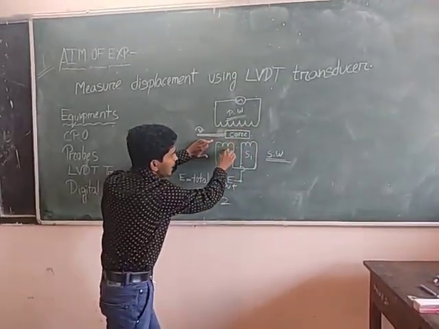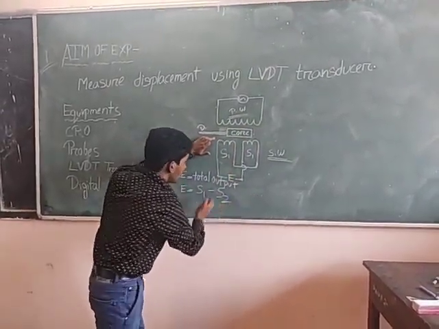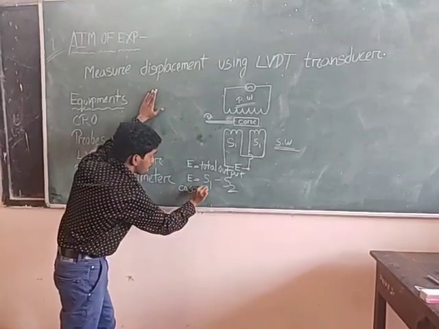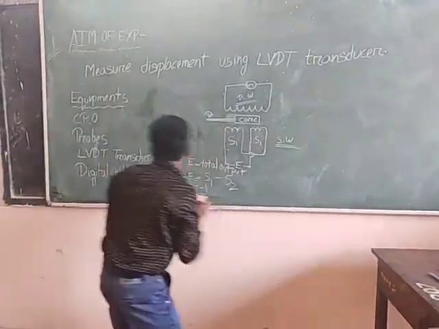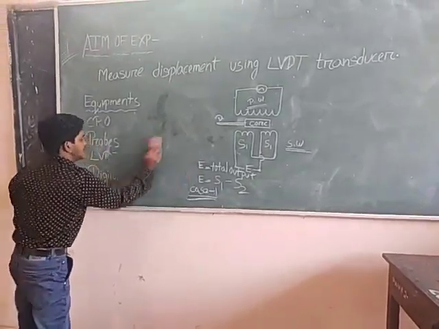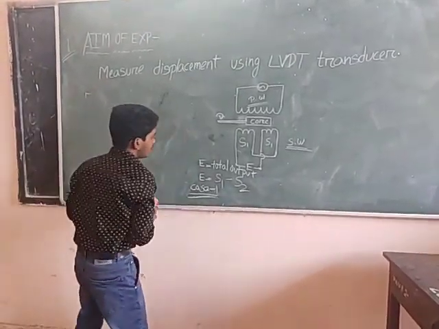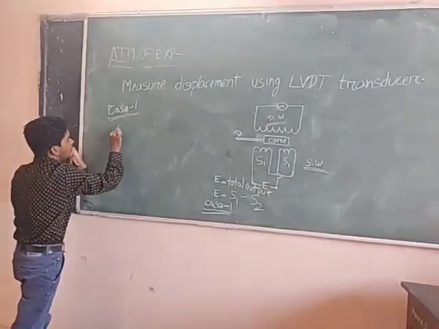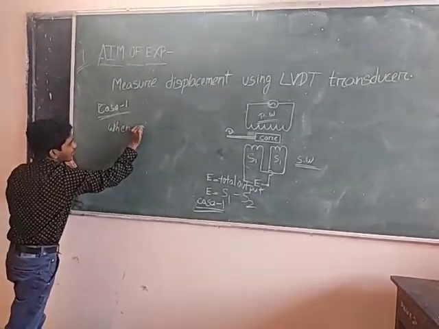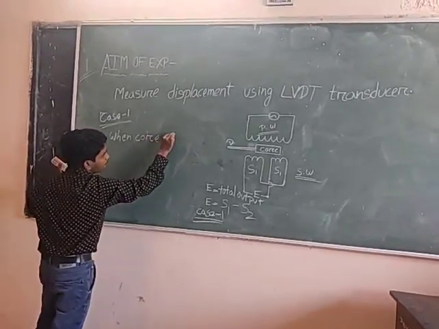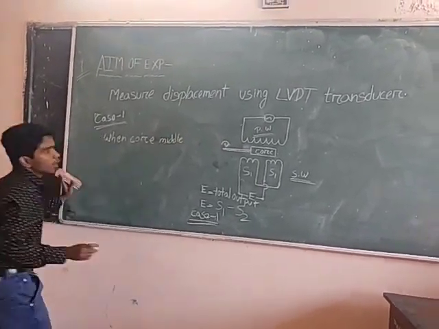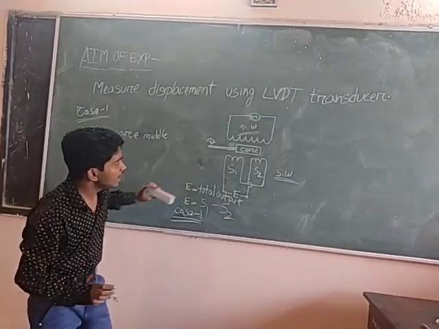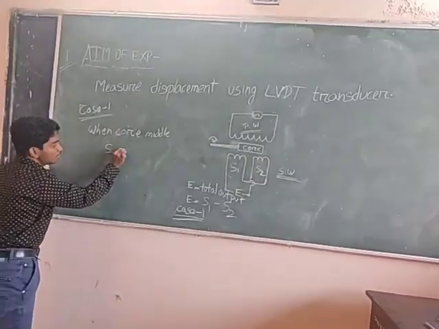Now the core is in the middle, and the current is equally transferred. Case 1: when the core is at the middle point, the current is equally distributed to S1 and S2, so S1 is equal to S2.